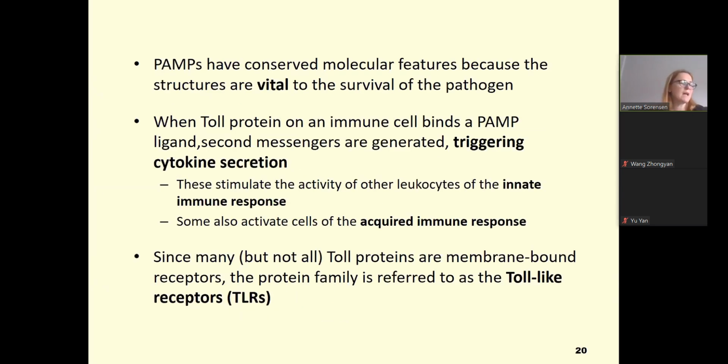Now, these PAMs have very conserved molecular features, and the reason for that is that they're vital to the survival of the pathogen, so that is why they don't change.